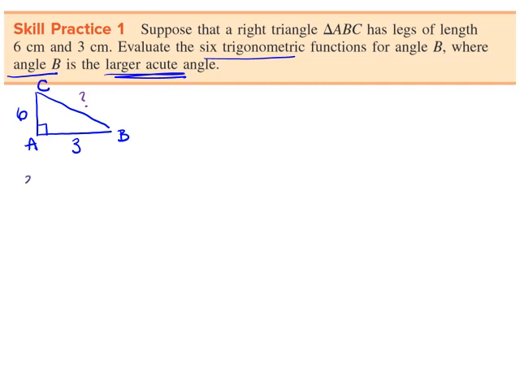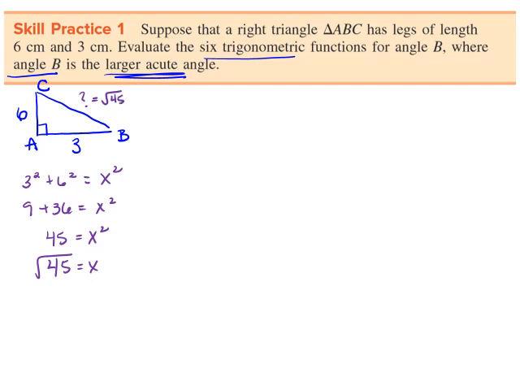So the Pythagorean theorem will say 3 squared plus 6 squared is equal to, I'm going to call this x squared. 9 plus 36 is equal to x squared, or 45. So the square root of 45 is equal to x. So this is root 45.